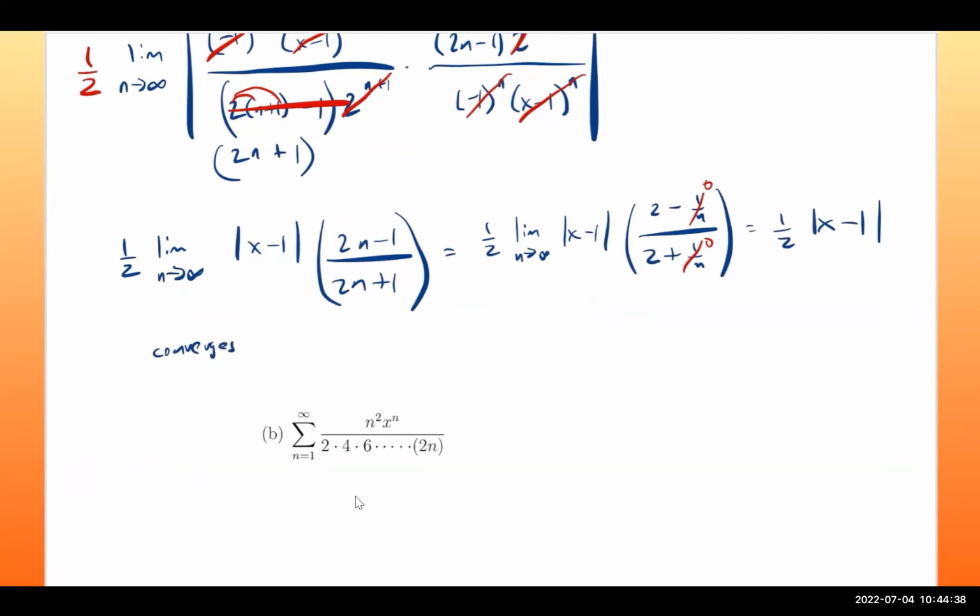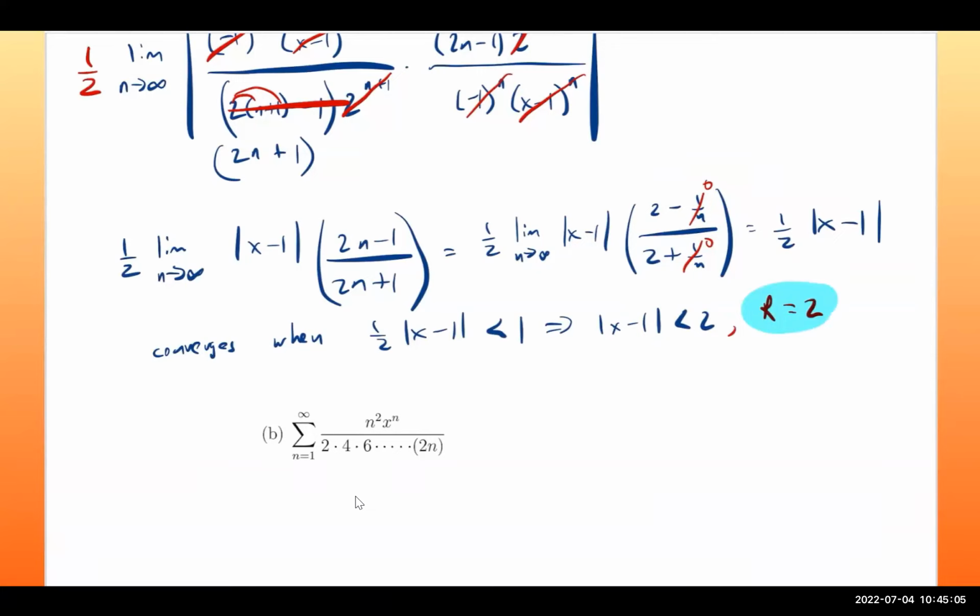And that converges when 1/2 absolute value of x minus 1 is less than 1 by the ratio test, which implies that you can multiply both sides of the inequality by 2. And there we go. We end up with this inequality, which tells us our radius of convergence is 2.